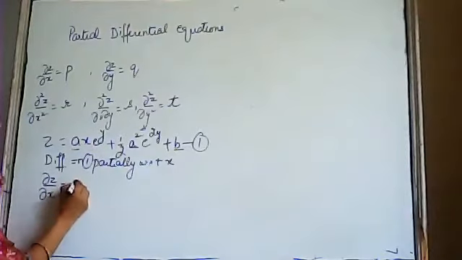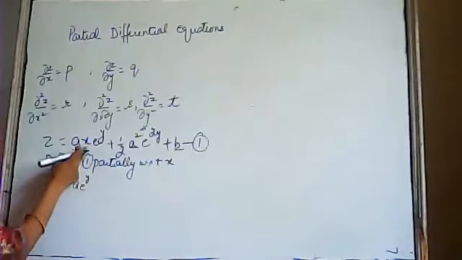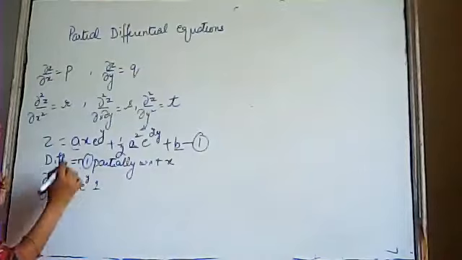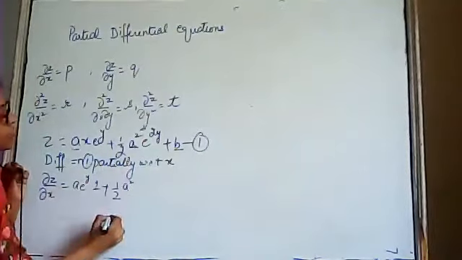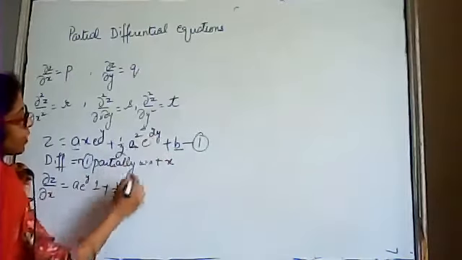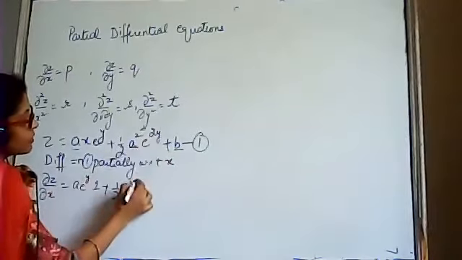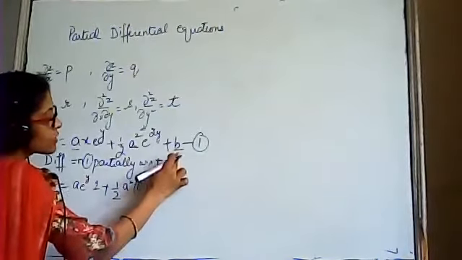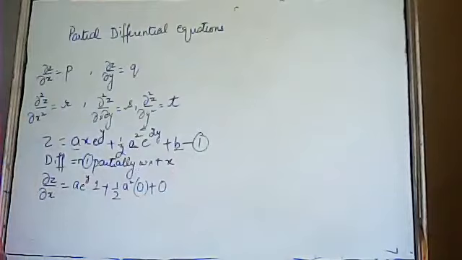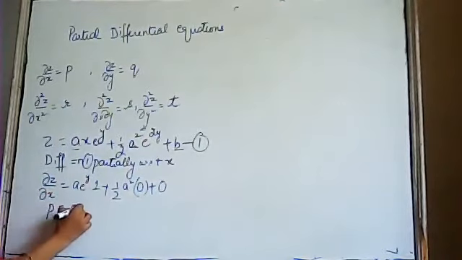So a e^y is constant and differentiation of x will be 1. Similarly, 1/2 is constant, a² is constant, e^(2y) is a term in y, so it is constant. So it will be 0, plus b is again constant, its differentiation is 0. So ∂z/∂x can be written as p equals a e^y. Rest of the terms are 0.